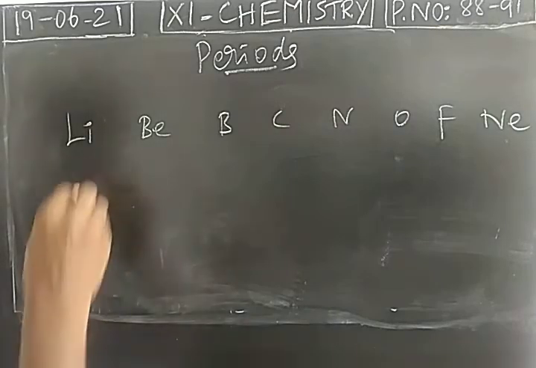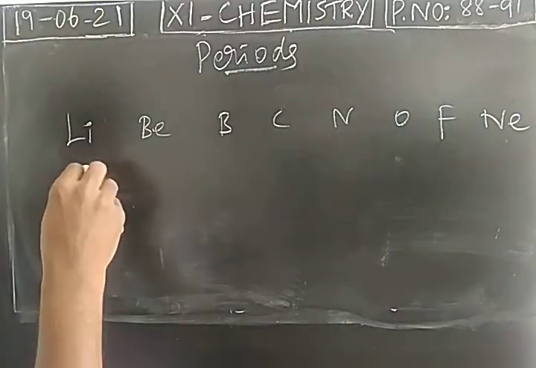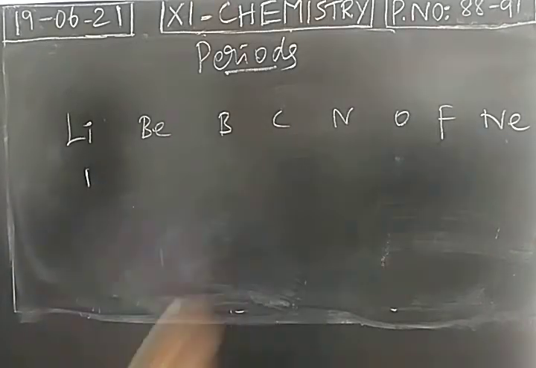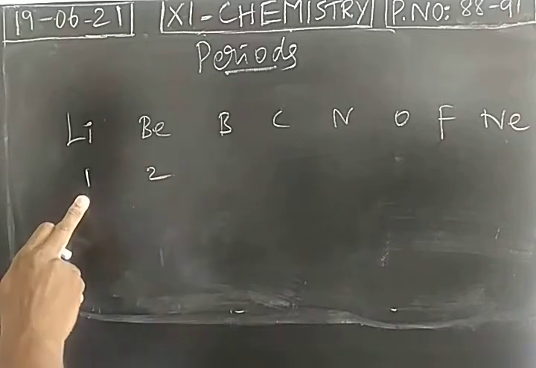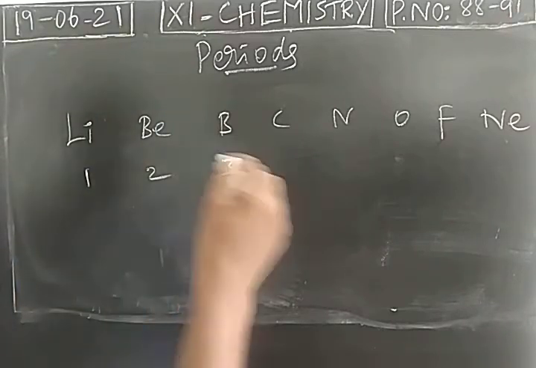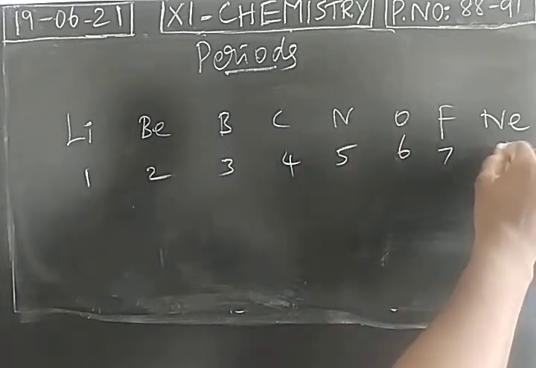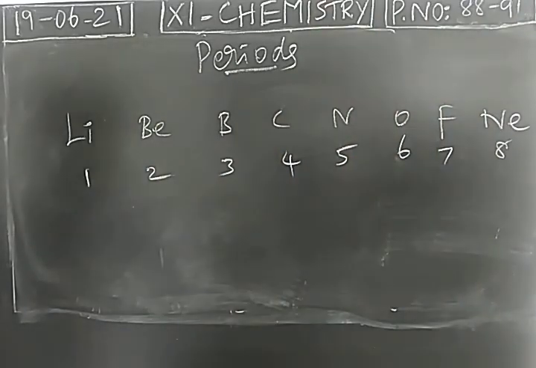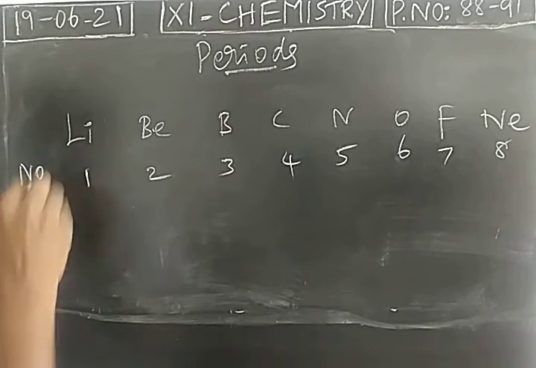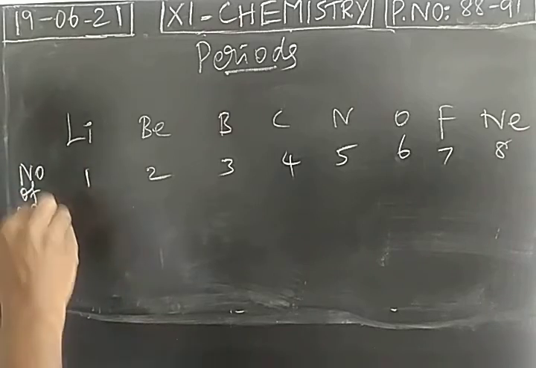Number of valence electrons in the outermost shell, the second shell: lithium has 1 electron, beryllium 2, boron 3, carbon 4, nitrogen 5, oxygen 6, fluorine 7, neon 8. So this is the number of valence electrons.